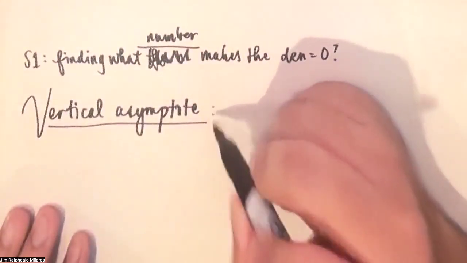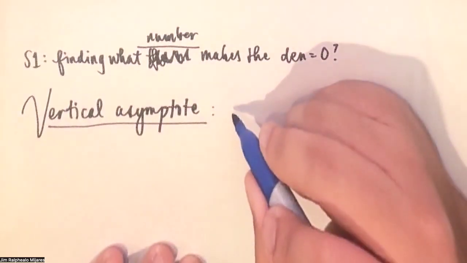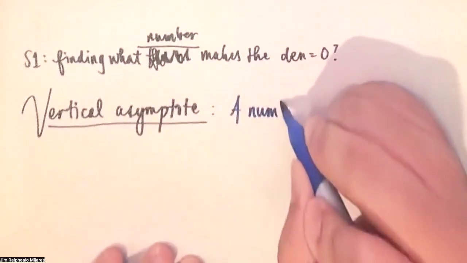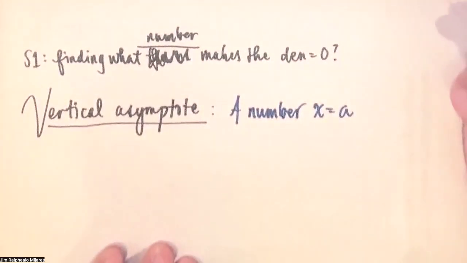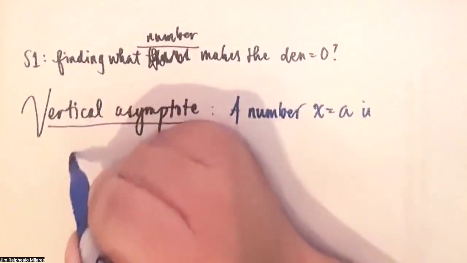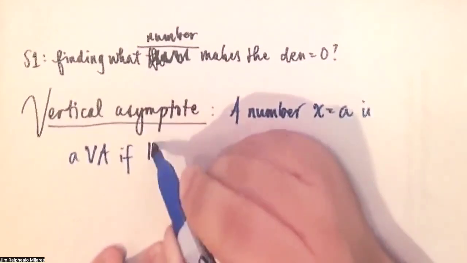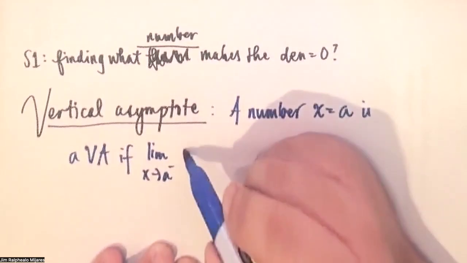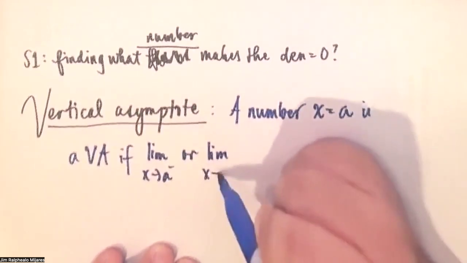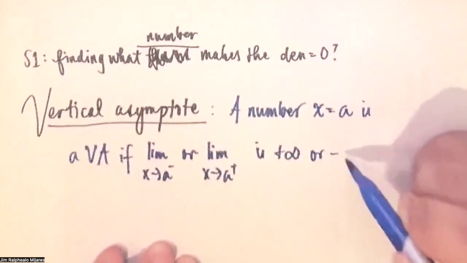Okay, so what is a vertical asymptote? A number x equals a is a vertical asymptote if the left-hand limit at a or the right-hand limit at a is positive infinity or negative infinity.